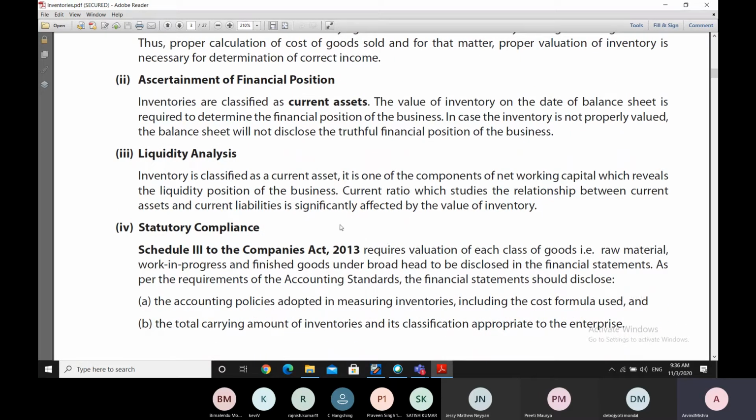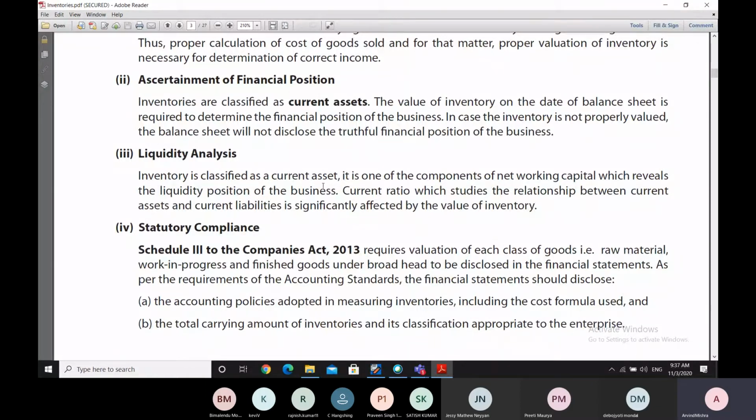Then inventory is also important to do a liquidity analysis. Liquidity position of the business means how much ready cash business has, or how much easily convertible cash business is having, because sometimes when it needs the immediate cash, then it needs to understand what are those current assets, because current assets can be easily liquefiable.